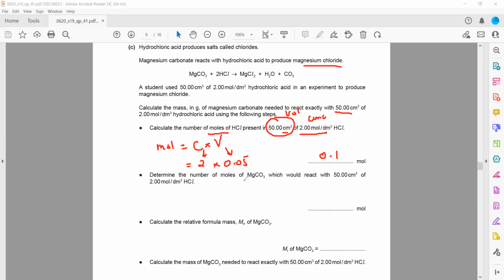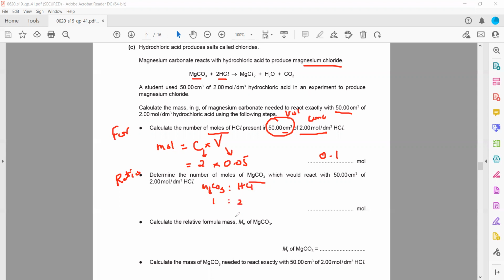Next, we have to determine the number of moles of magnesium carbonate. The first part we solved by using a formula, then the second one will take a ratio. And what ratio will we take? We'll take a ratio between hydrochloric acid and magnesium carbonate. The ratio between them is 1:2, like magnesium carbonate MgCO3 and HCl.